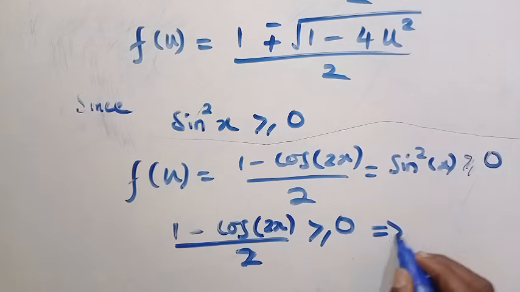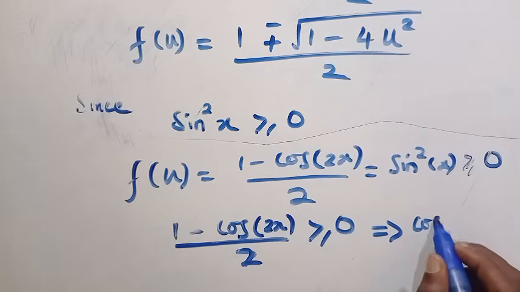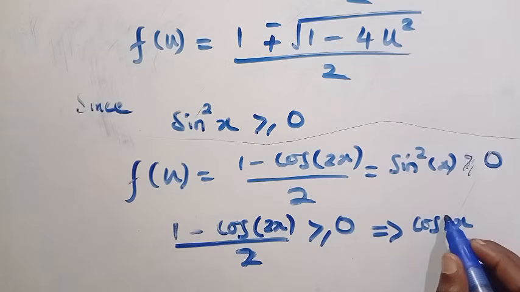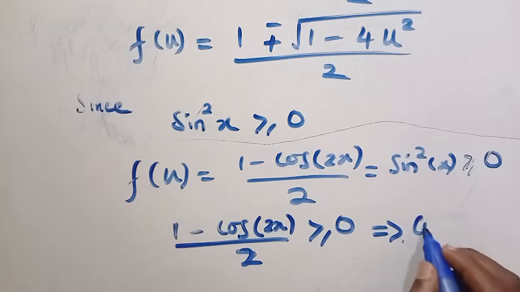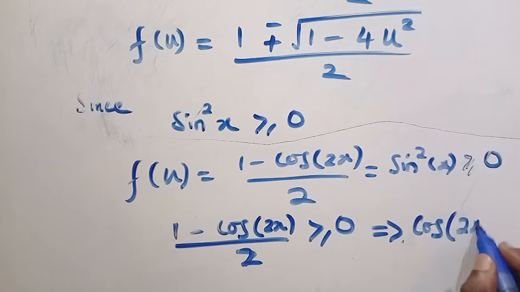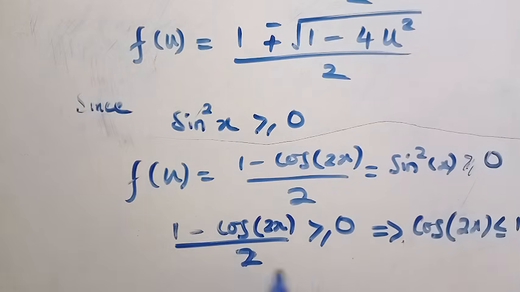And this implies that cos 2x is always less than or equal to 1. If I multiply 2 by 0, we get 0.